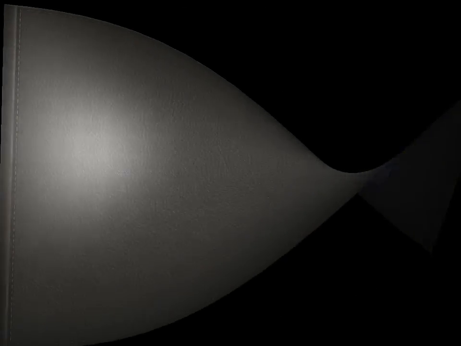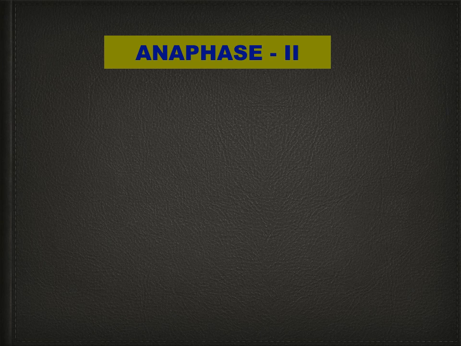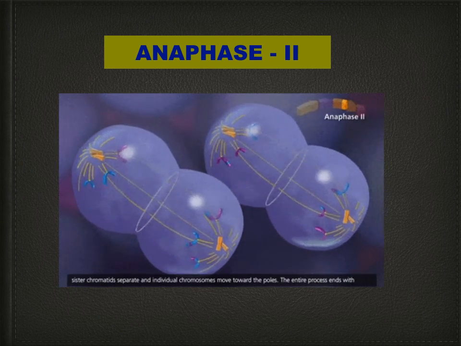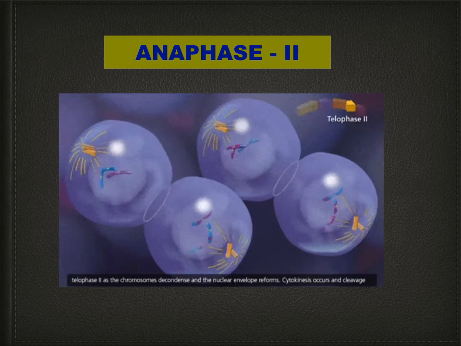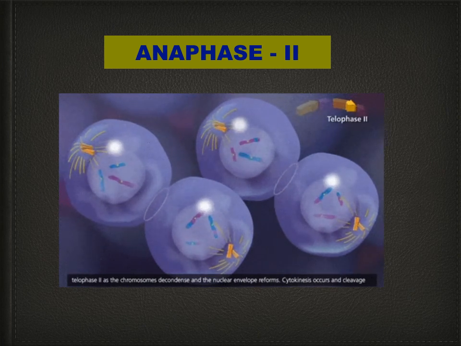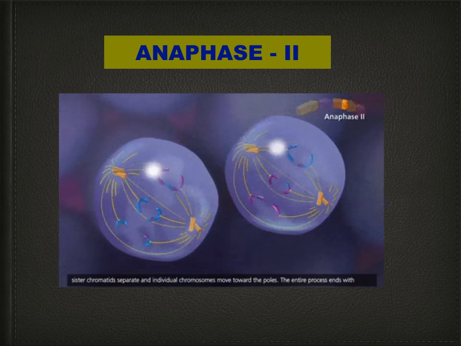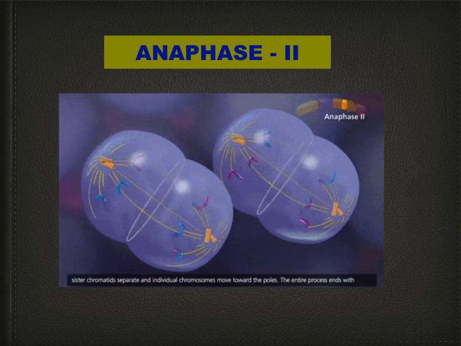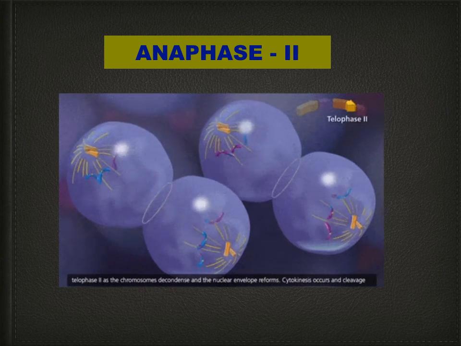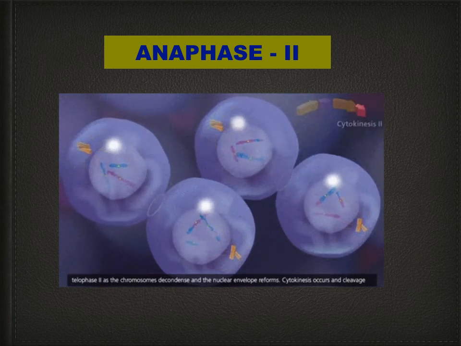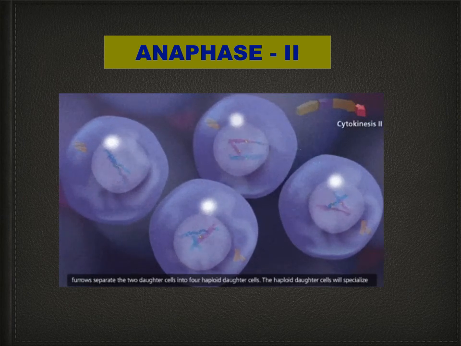The next phase is Anaphase 2, wherein you can see that the sister chromatids separate at the kinetochore. Daughter chromosomes along with divided centromere move towards the opposite poles as microtubules shorten. The poles of the spindle fiber also move apart and also help to separate the chromosomes.